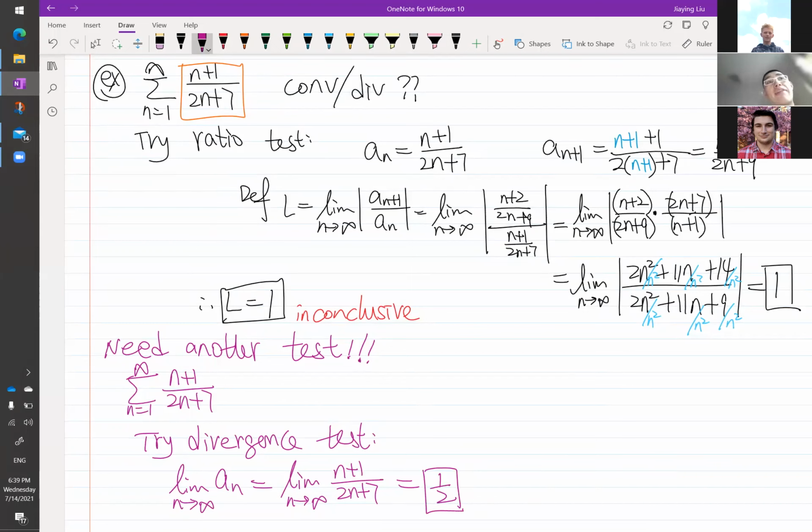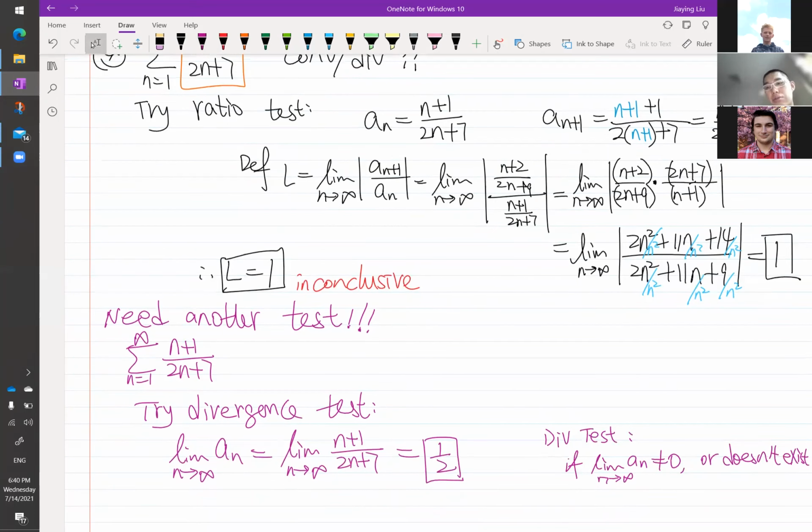And if you remember, the divergence test says if the limit is not 0, or if the limit is infinity, so the divergence test has two parts. The divergence test says if the limit of a_n as n goes to infinity is not equal to 0, or if it doesn't exist, meaning the limit goes to infinity, then the series is divergent.